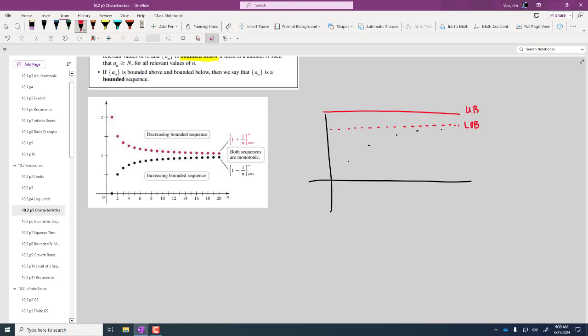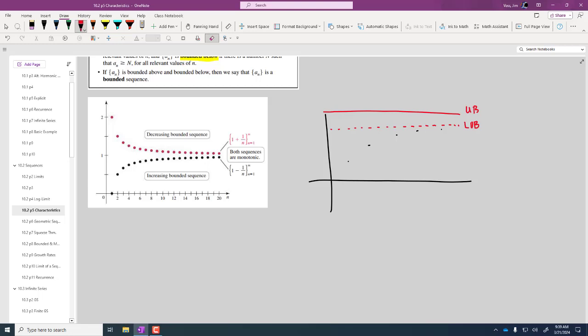Okay, so the black sequence here is increasing, and it appears to be bounded above by 1. An increasing sequence that's bounded above has to converge. A decreasing sequence that's bounded below has to converge. If we look at that red sequence, and somehow we figure out that it's bounded below, it must converge.